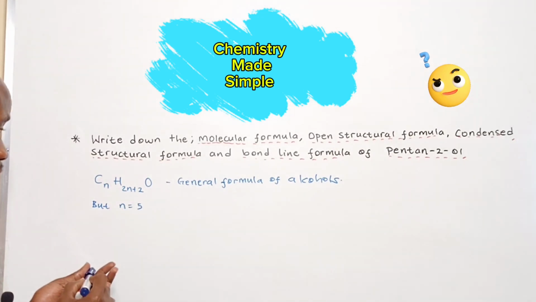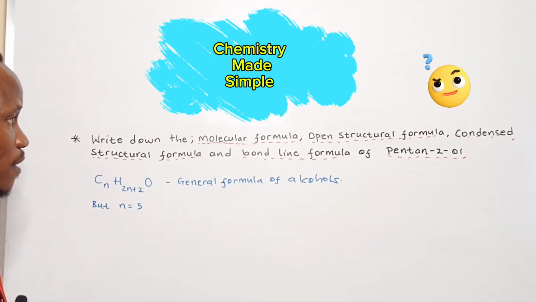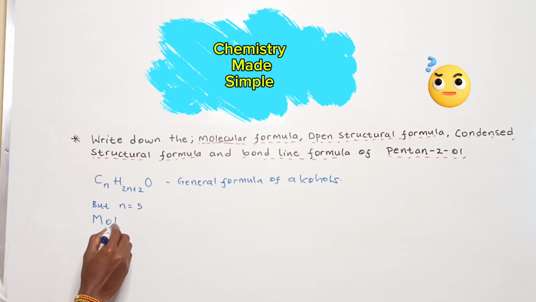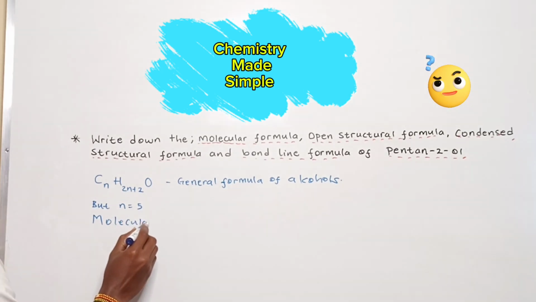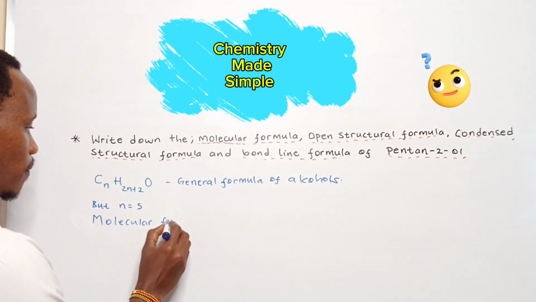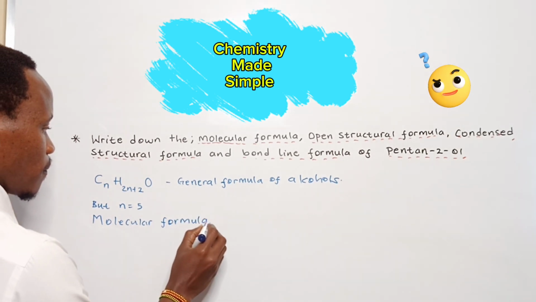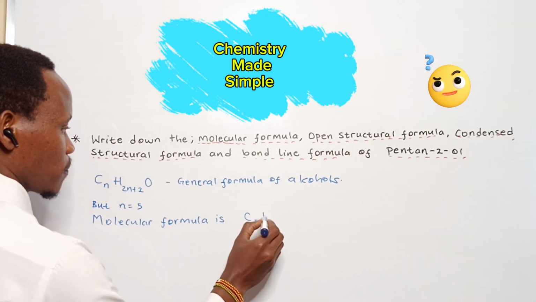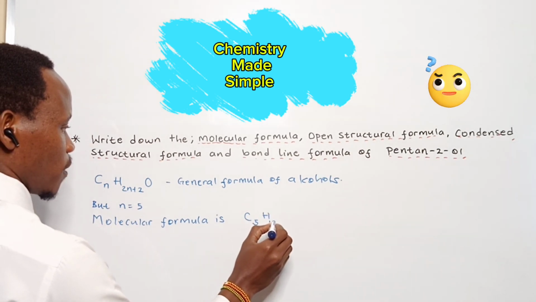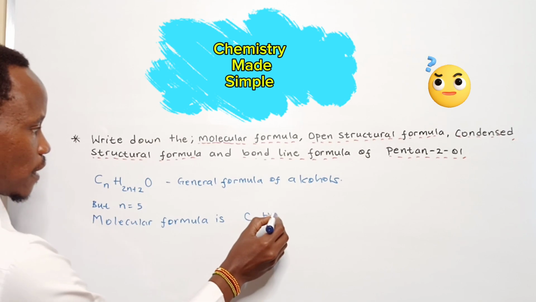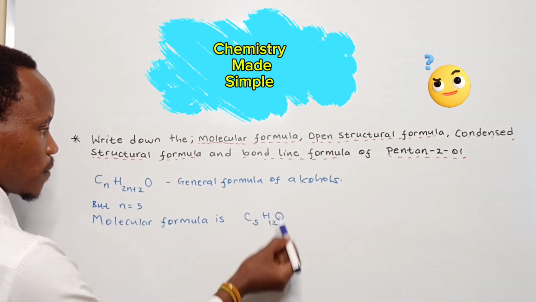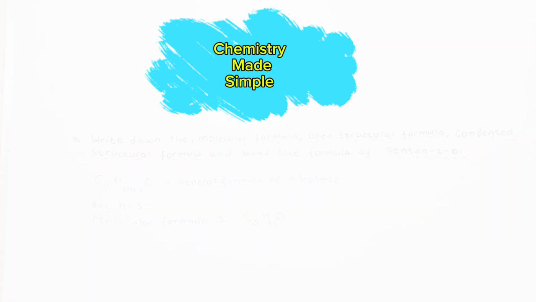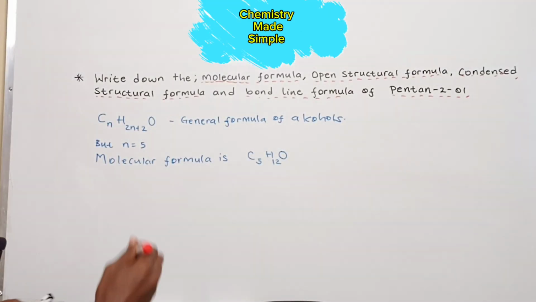After obtaining 5 and substituting it here, we get the molecular formula: C5H12O. Please, these are obtained after substituting for n in the formula. That is our molecular formula.